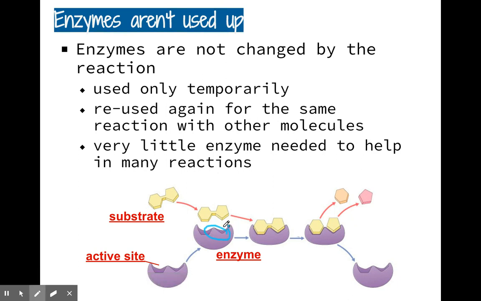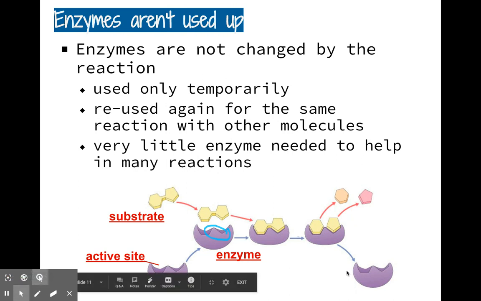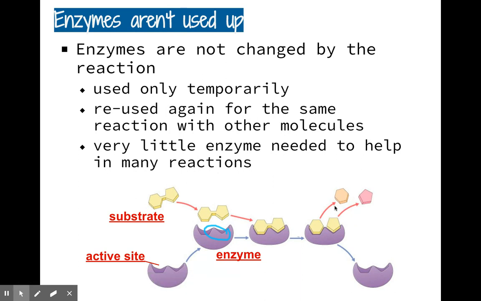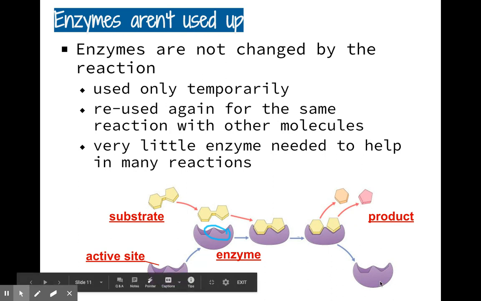The active site is where the substrate is going to attach. Notice now that the enzyme puts pressure on the bonds, and then the bonds get broken, and now I've made my two products. Once my products are released, my enzyme can then look for another lactose molecule and break it apart. They are used over and over again. They get recycled.